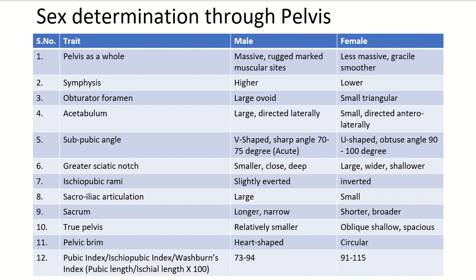The pubic index, also called the ischiopubic index or Washburn index, is 73 to 94 in males and 91 to 115 in females. The index is given by the formula pubic length divided by ischial length, multiplied by 100.